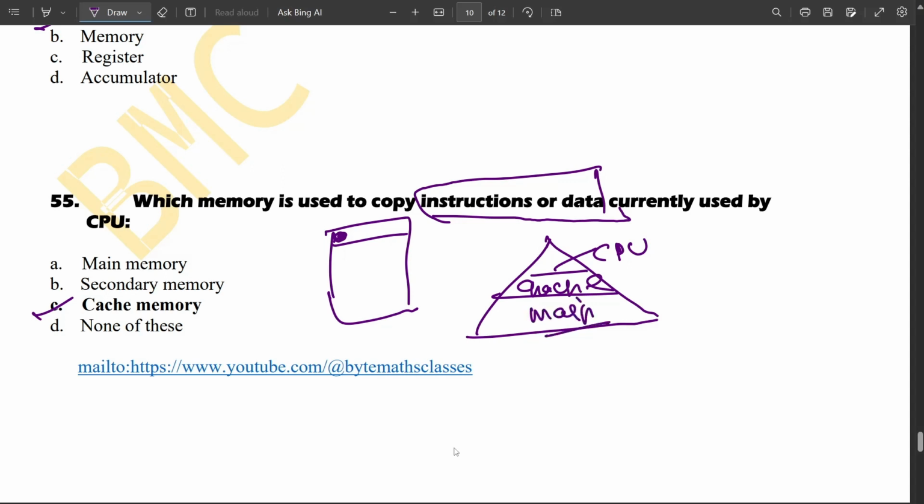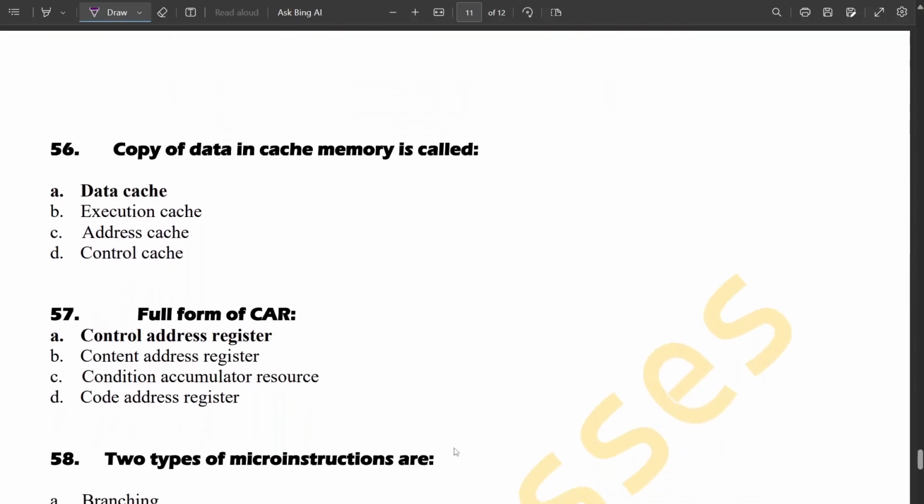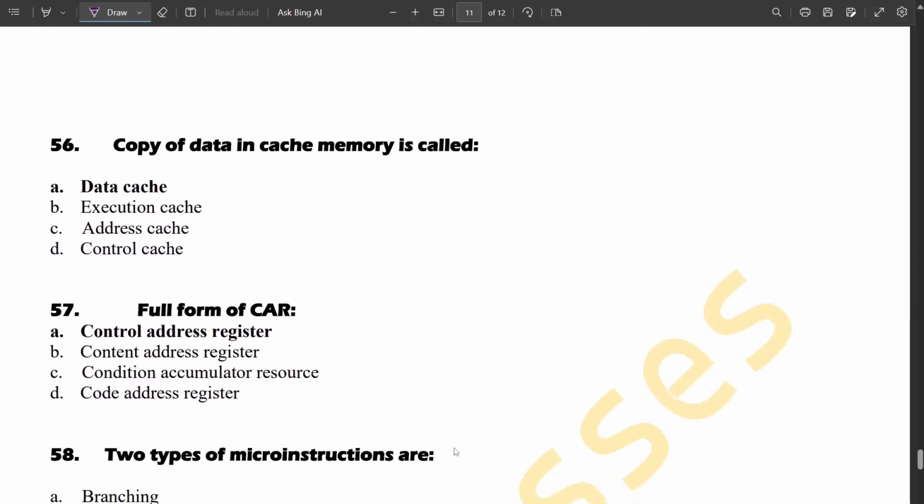When we load any process, it goes from here, and then it loads in cache memory, then it is executed. So option number C is correct. Next, a copy of data in cache memory is called what? Data cache. Option number A is correct.